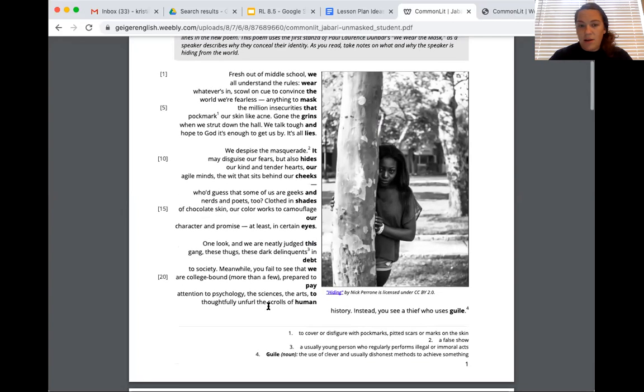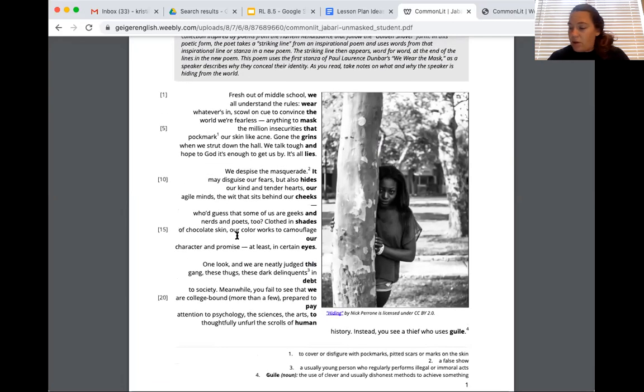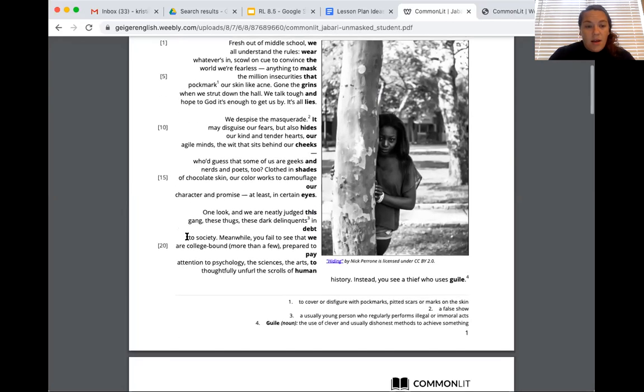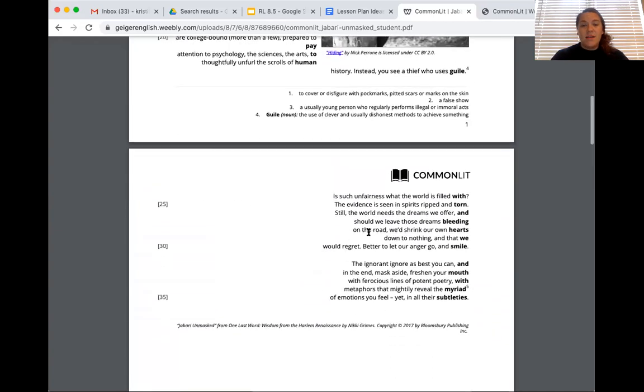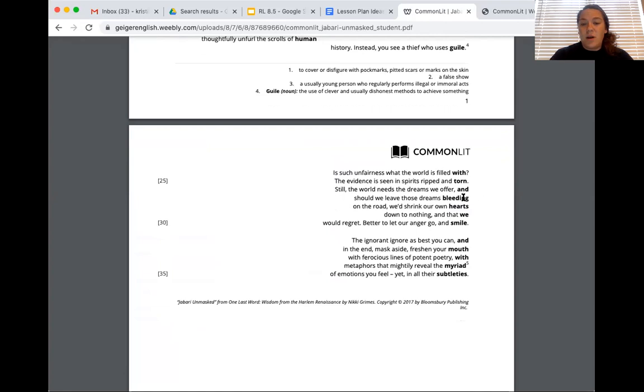So I want to scroll down here and look at where it says spirits, right here. It says, still the world needs the dreams we offer, and should we leave those dreams bleeding on the road, we'd shrink our own hearts. So right here, I want to talk about the words bleeding hearts. Okay, bleeding hearts. What image does that create in our mind when we hear the words bleeding hearts?